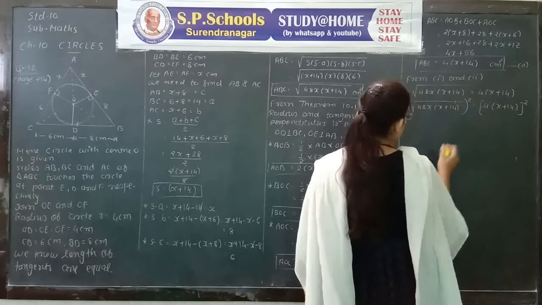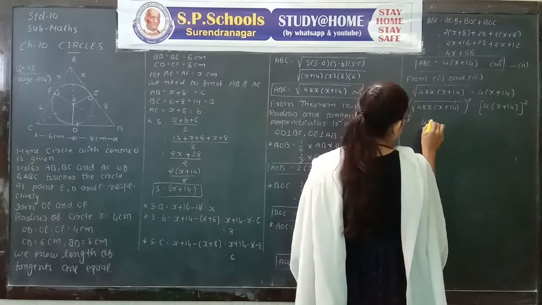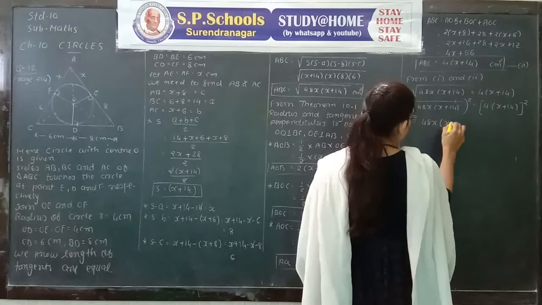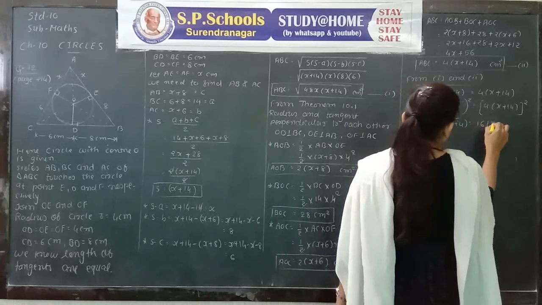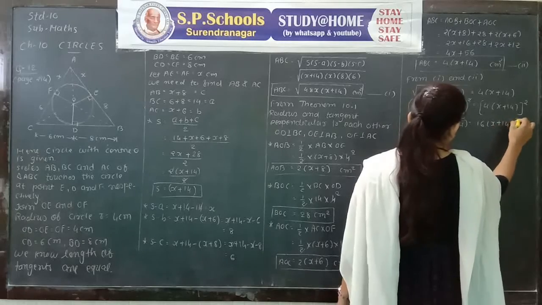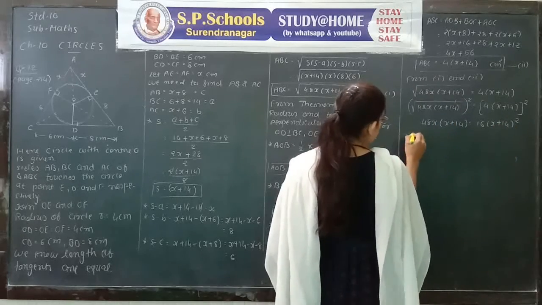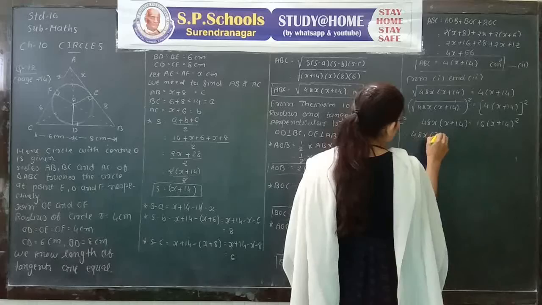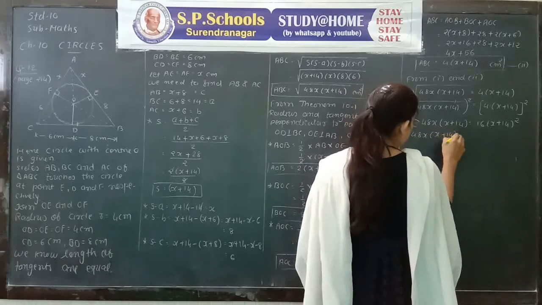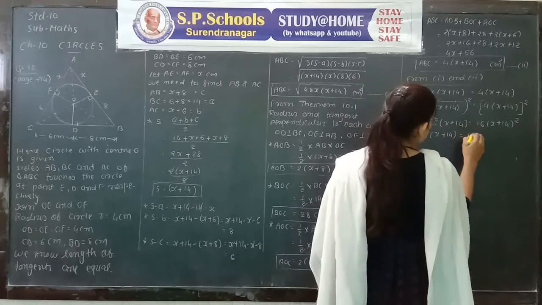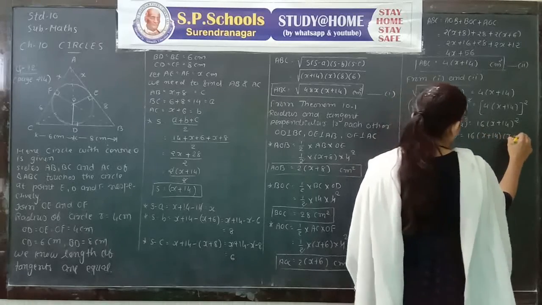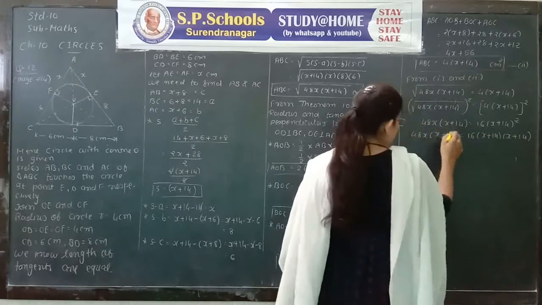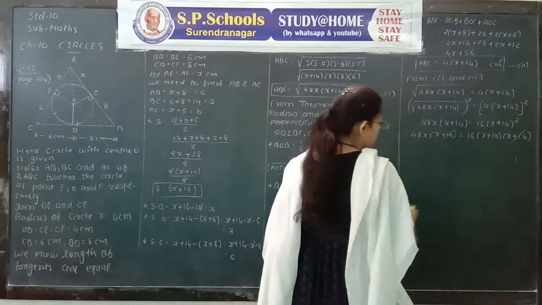Now square and square root cut, remaining 48x into bracket x plus 14 is equals to 16 into bracket x plus 14 whole square. That's why 48x into bracket x plus 14 is equals to 16 and x plus 14 written as 2 times. X plus 14 comes.